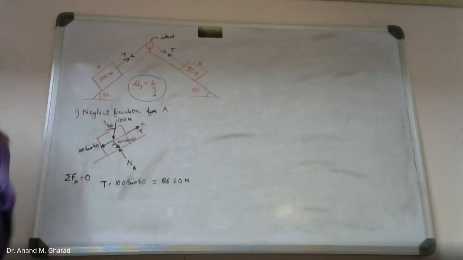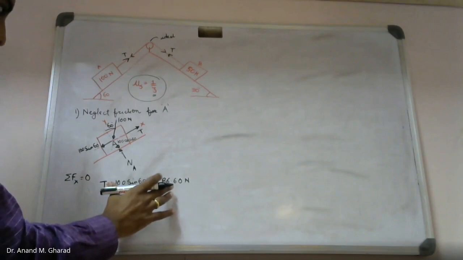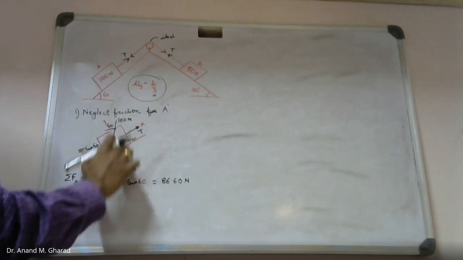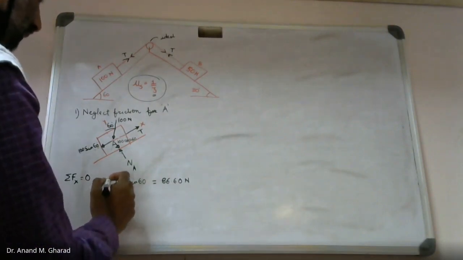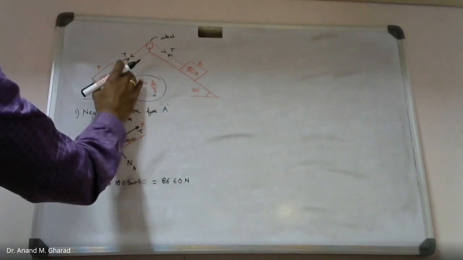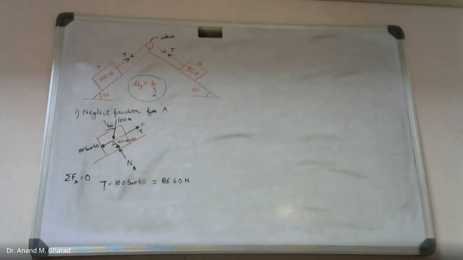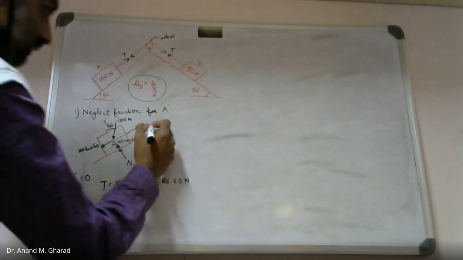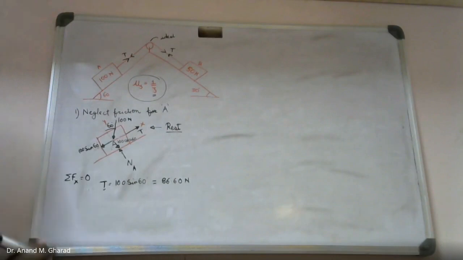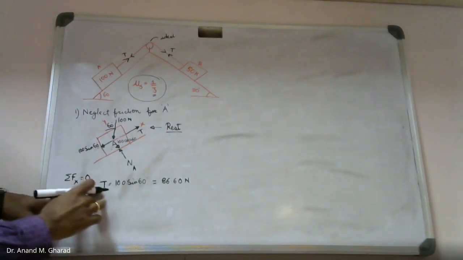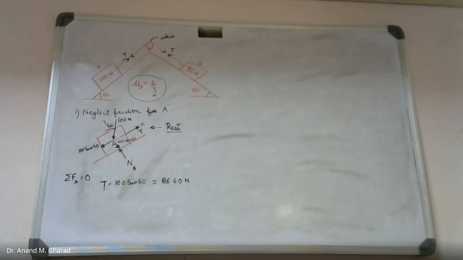Now let us try to identify whether the net force which is acting on this complete block is sufficient enough to say, okay, so this is the T value which we have identified by neglecting the friction for block A. Okay, that is what I am saying, that since block A is at rest, I was in a position to apply this equation of equilibrium, and based on that I have found out the value of T. Okay.